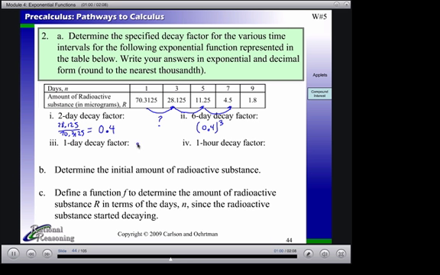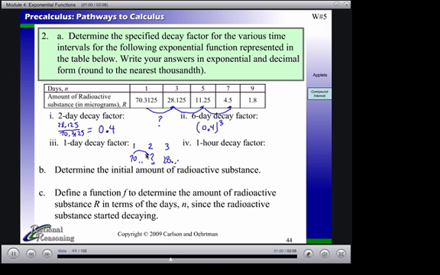So if you need to set up the table, you could go 1, 2, and 3, and then this is our 70 number, dot dot dot, and then we don't know that one, and then this is our 28. If you need to do that, that's fine. And then we'd have the multiplier.